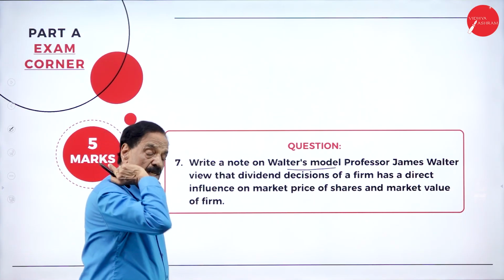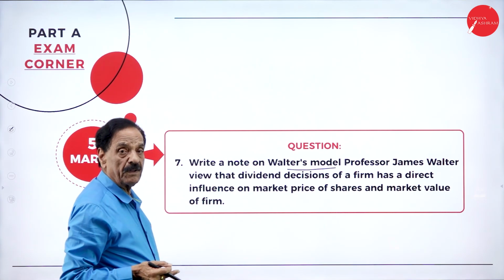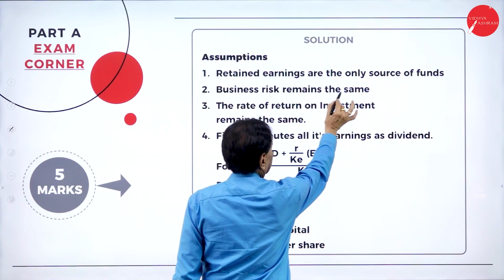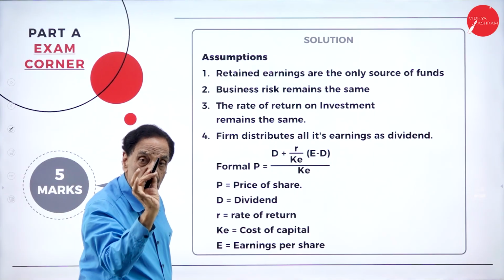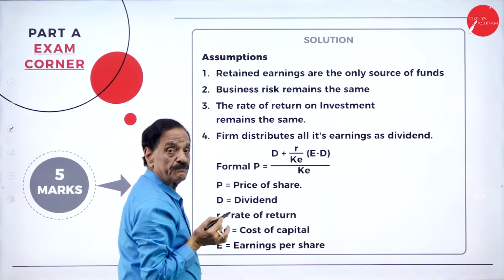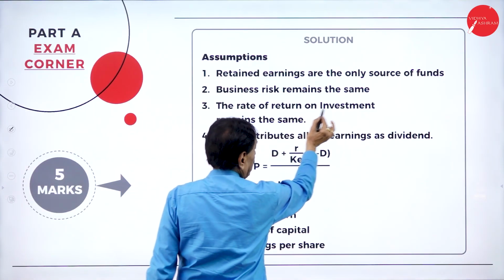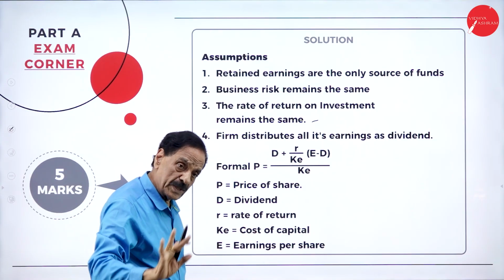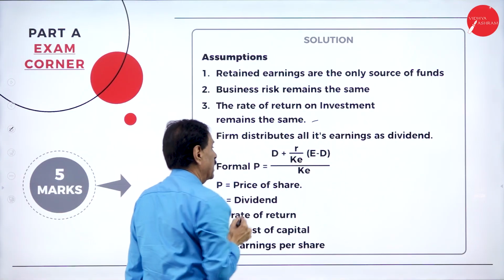Assumptions: retained earnings are the only source of funds. Business risk remains the same. The rate of return on investment remains the same. The firm distributes all its earnings as dividend.